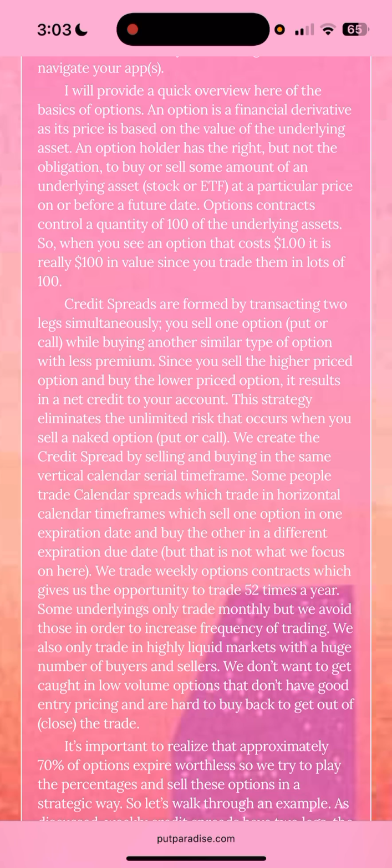Another thing that's very important is when you see a cost that is $1, when you see a cost that is 50 cents, that really means $100 and $50 in this example. So you multiply the price of the option times 100 because the option represents 100 of the underlying assets. So when you're trading an option of QQQ, you're actually trading a block of 100 shares of QQQ.